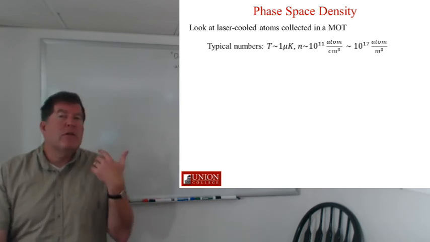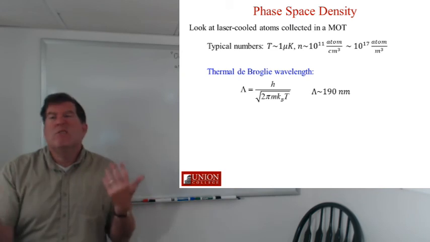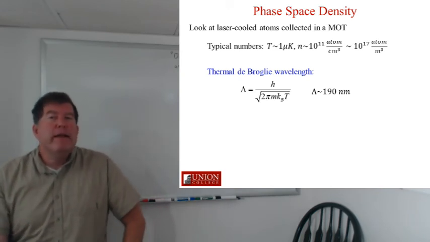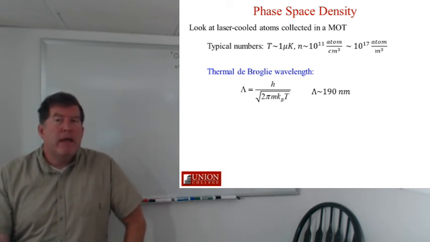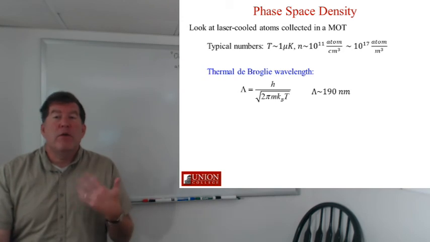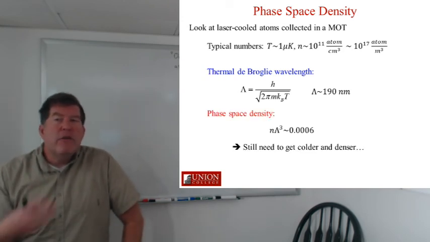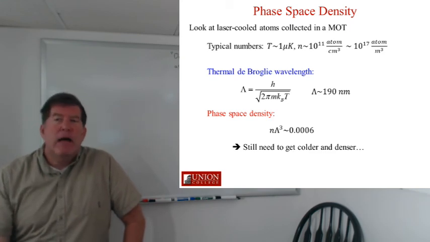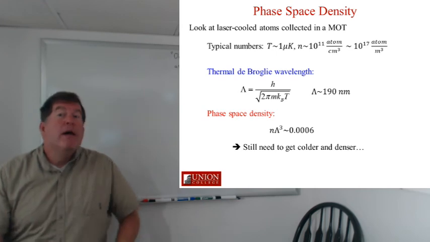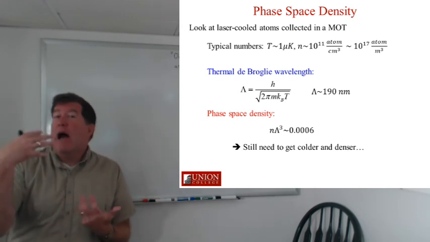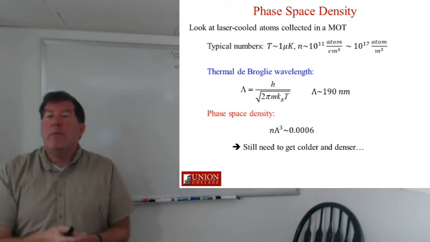If we ask what the de Broglie wavelength is there, it's a couple hundred nanometers, that sort of range. And then we ask about the spacing: the density times that wavelength cubed comes out to 0.0006.